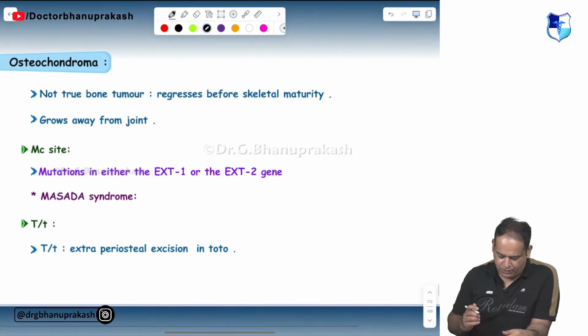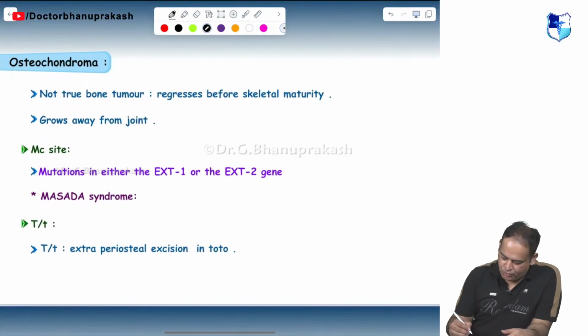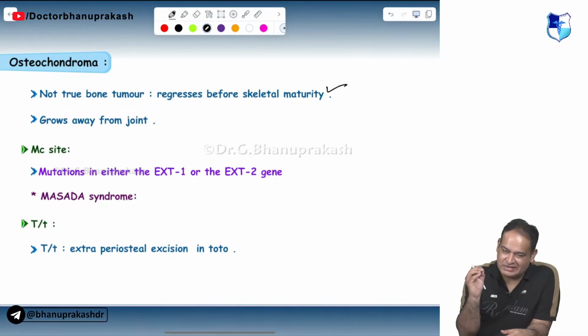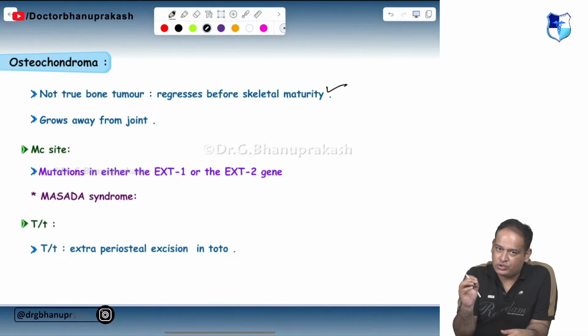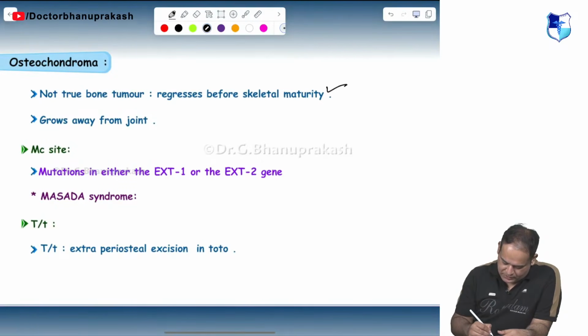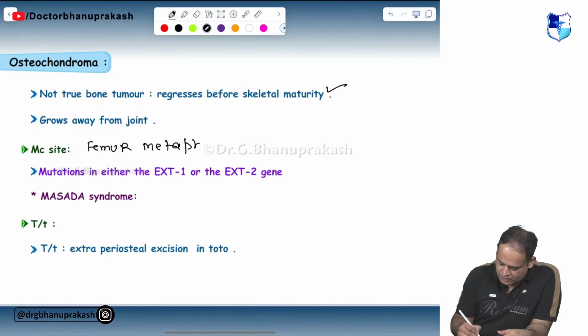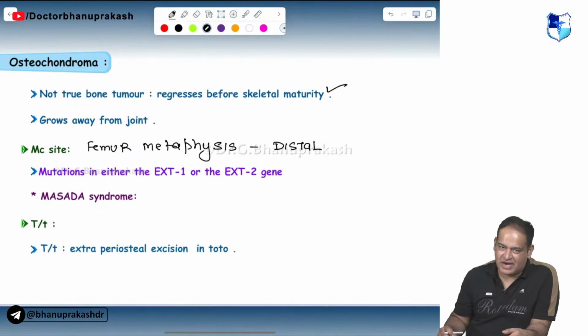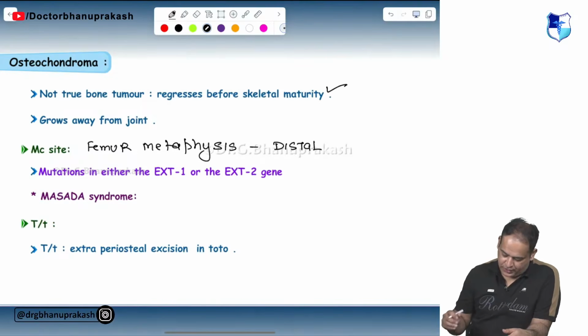Now, osteochondroma, it's not a true bone tumor because at skeletal maturity, the growth stops, right? Now, most common site, so it is present near the femur metaphysis, distal femur metaphysis. That means around the knee joint.